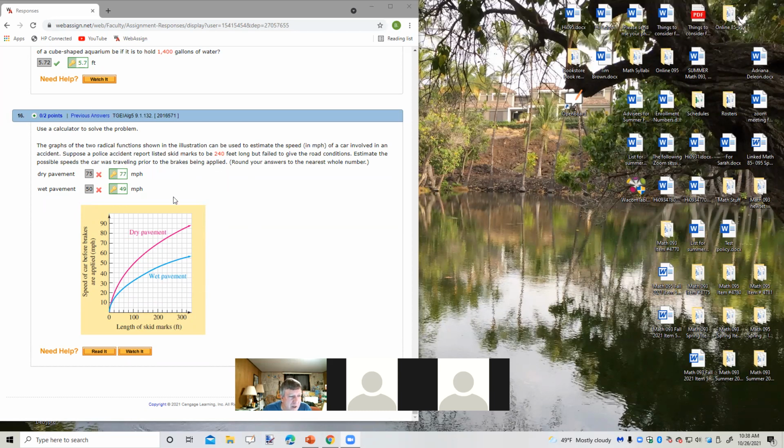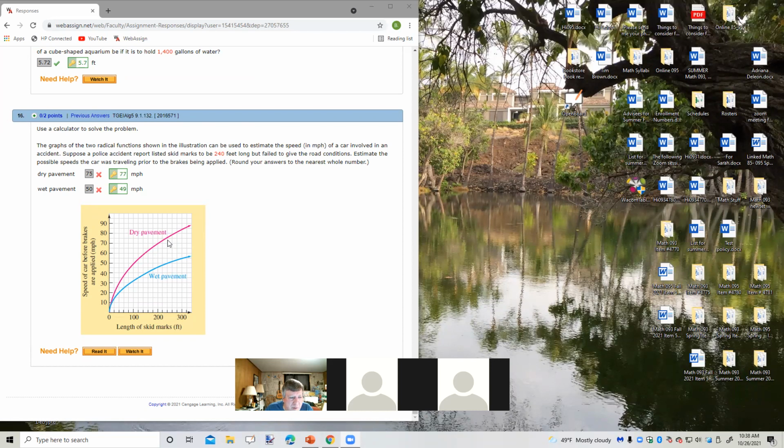So let's see here. Length of the skid marks, 240 feet, all right? So down here at the bottom, each one of these little increments is what? 1/5 or so, 20 feet. So 240 feet would be right there, okay? So it looks to me like that first one, dry pavement.